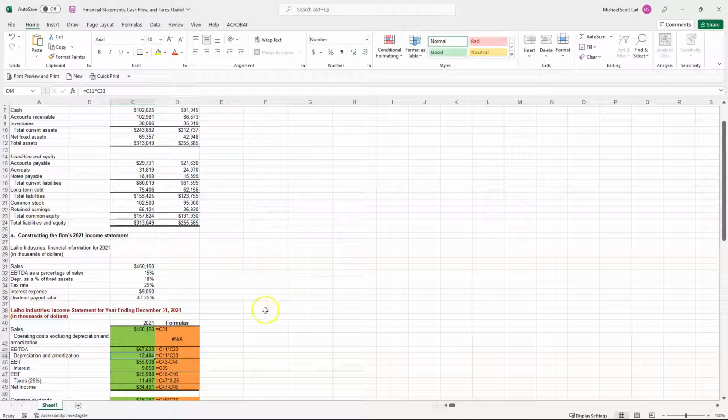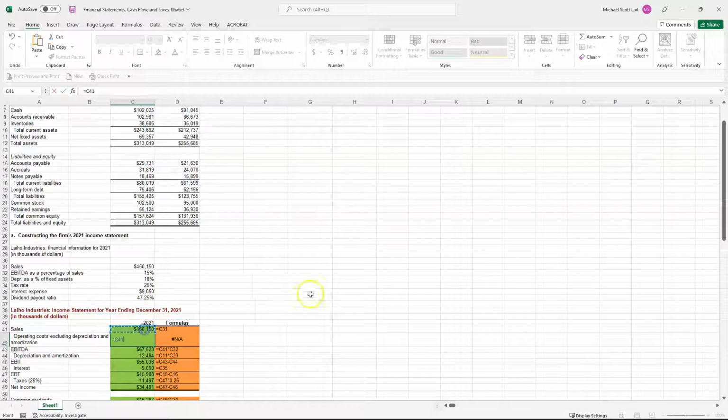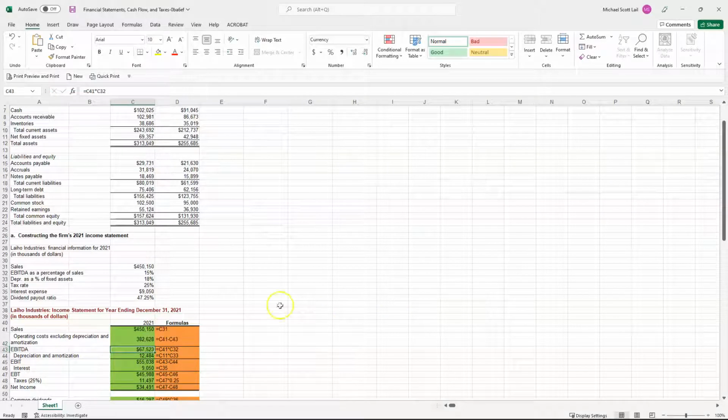I know that's going to be $67,523. If I know that's the after amount, I know the difference: 450,150 minus the 67,523 is going to equal my operating costs excluding depreciation and amortization. So I can back into that number, since I know the third number and the way that formula works is first line minus second line is this.